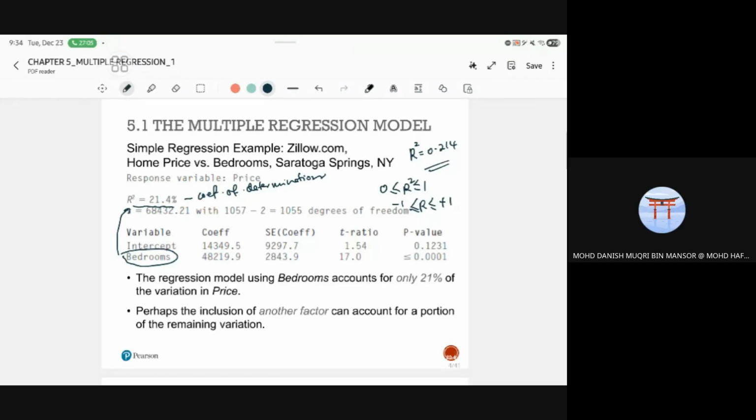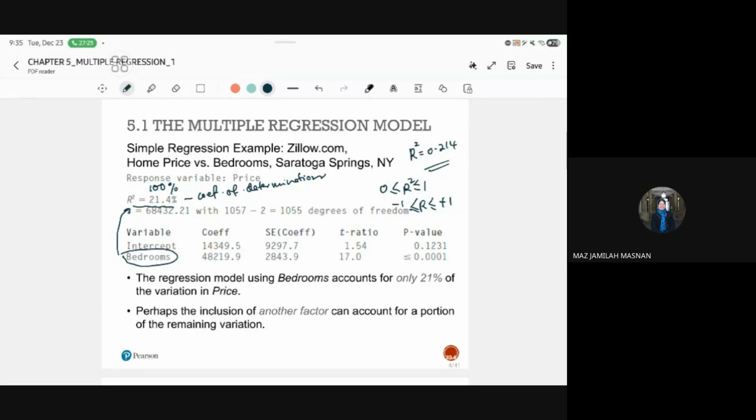Because it's far from one, it's very small. The nearer it is to 100%, the better the variable is for your dependent variable.